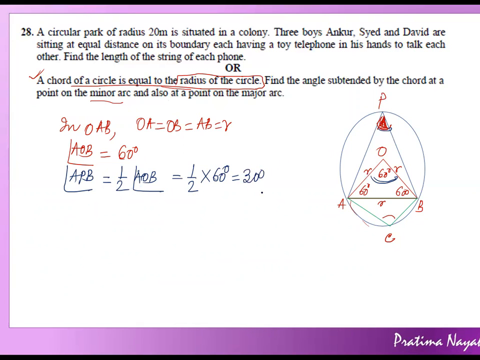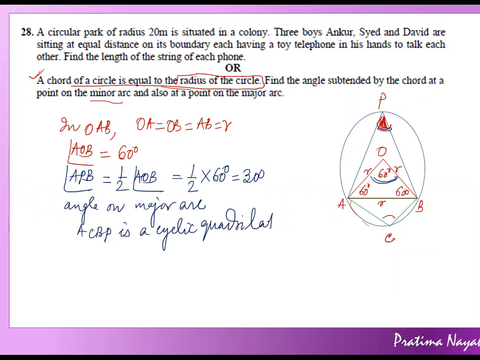So APB we got, that is the angle subtended by the chord at the point on the major arc. Now coming to the other one. ACBP is a cyclic quadrilateral. I am writing because I am making you understand, so don't write so many things.